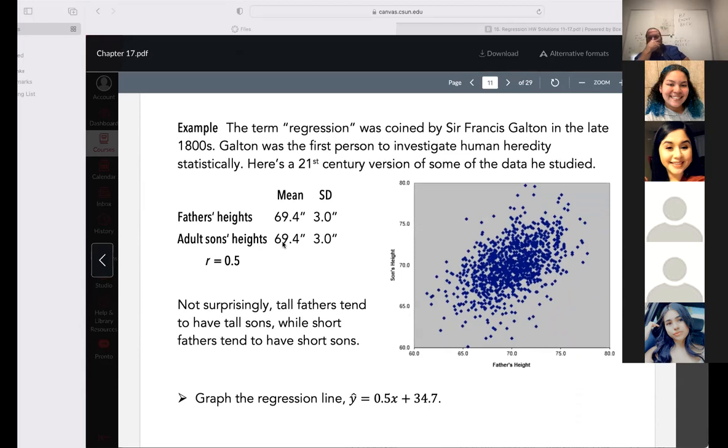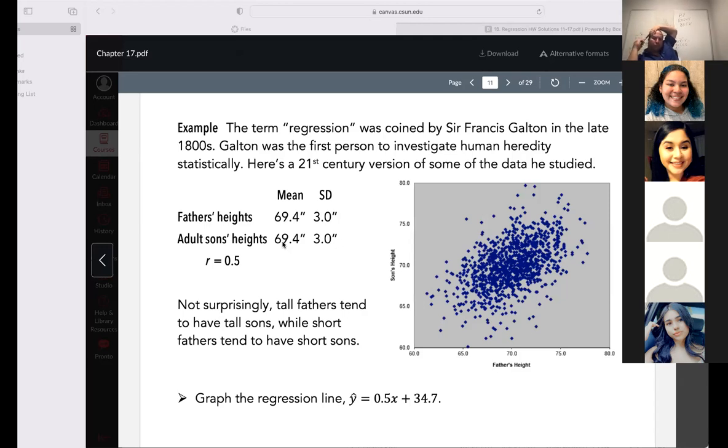Okay, example. So the term regression was coined by Sir Francis Galton in the late 1800s. Galton was the first person to investigate human heredity statistically. Here's a 21st century version of some of what he studied.